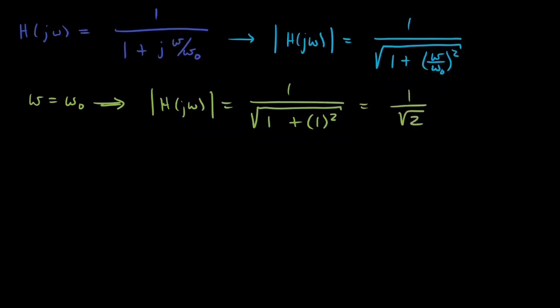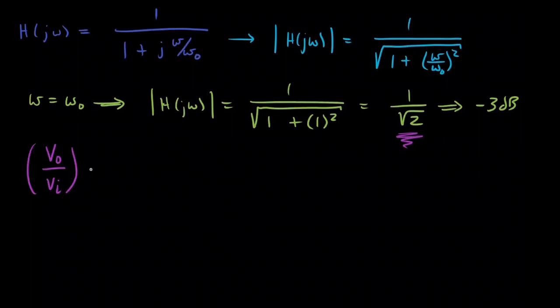We talked about that. And then if we take 20 times the log base 10 of 1 over the square root of 2, that gives us negative 3 dB. This unitless ratio is actually V out over V in.